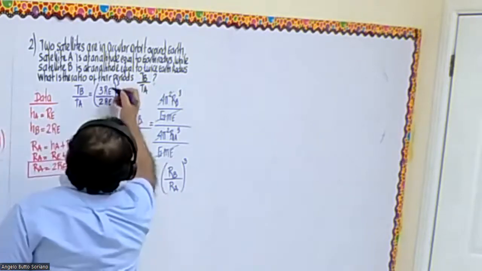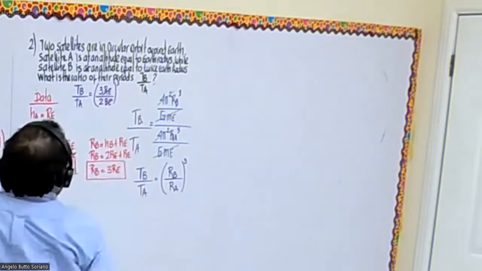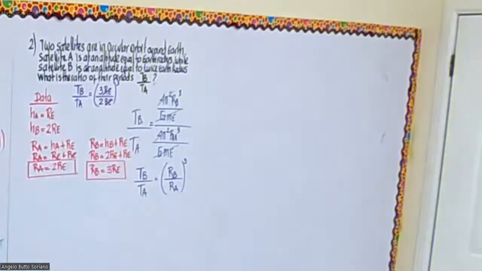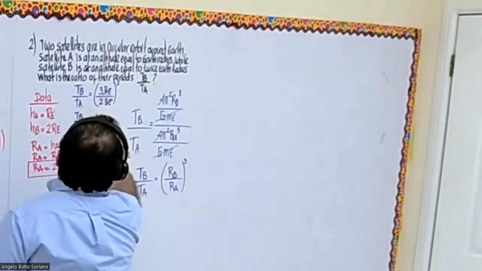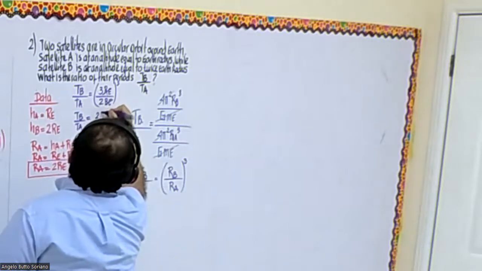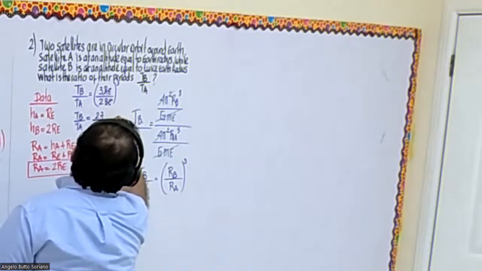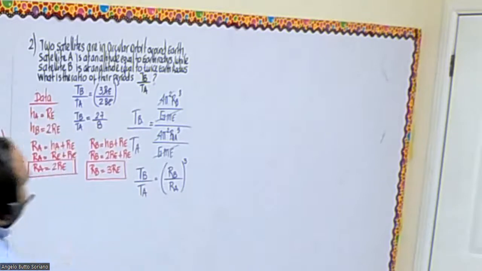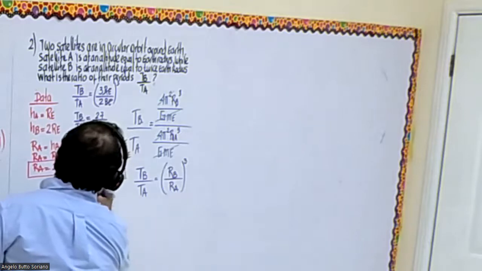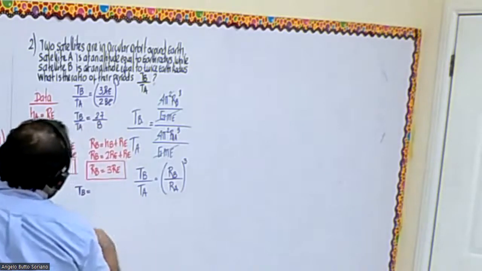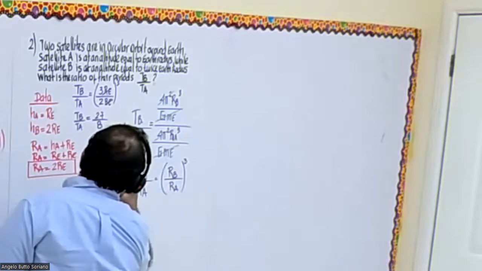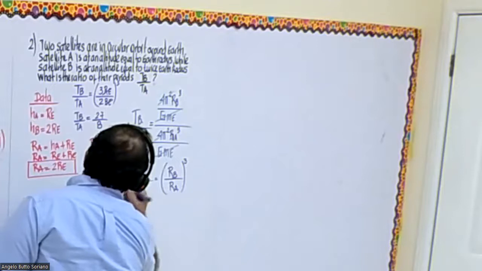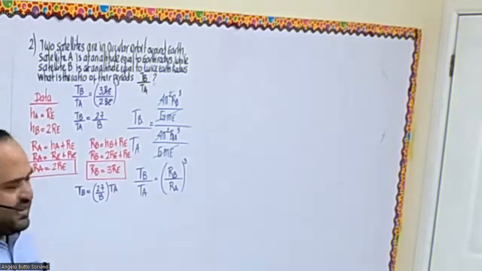The radius of the Earth can be canceled. 3 times 3 times 3 is 27, over 8. For that reason, we can say the period of planet or satellite B will be 27 over 8 times the period of satellite A.